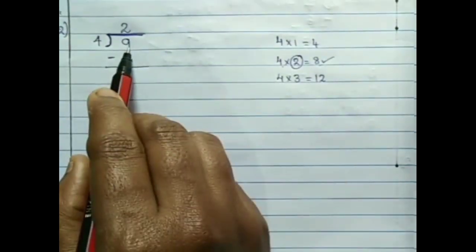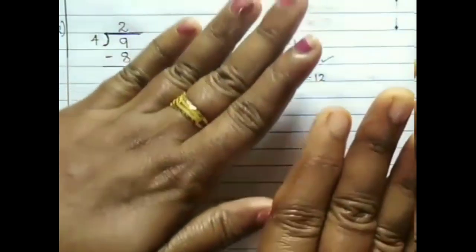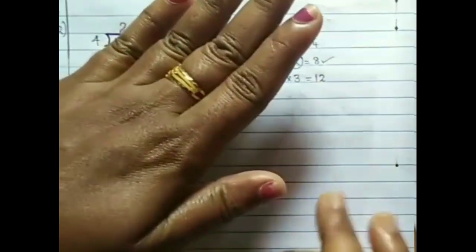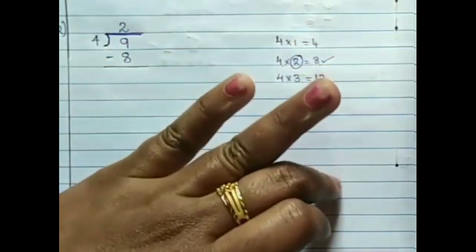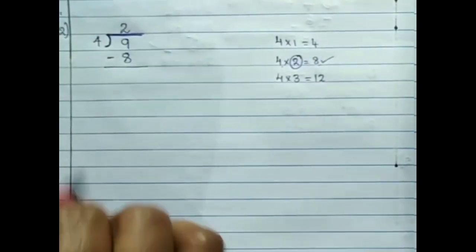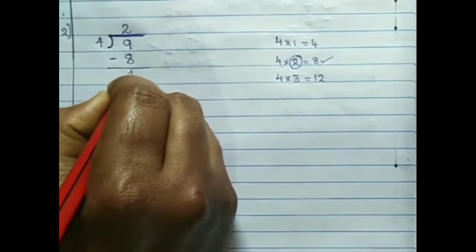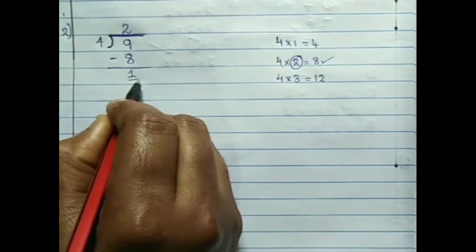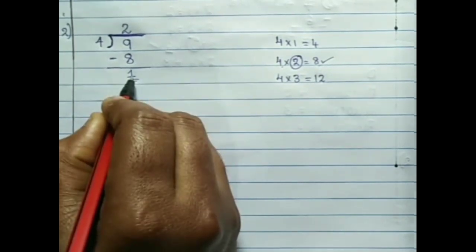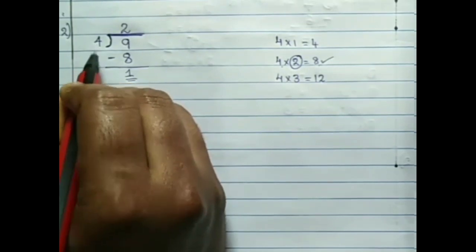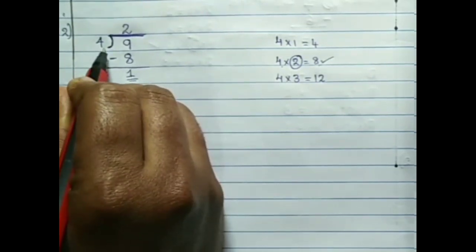For that, take 9 fingers and fold 8 fingers. 1, 2, 3, 4, 5, 6, 7, 8. So, the answer is 1, and write 1. Remember that it is not possible to divide the number 1 by 4 because 1 is less than 4.